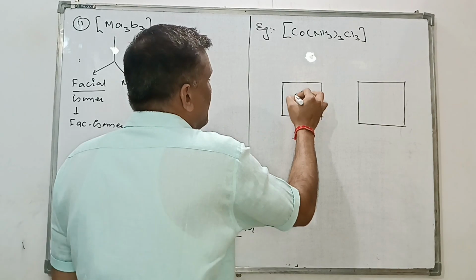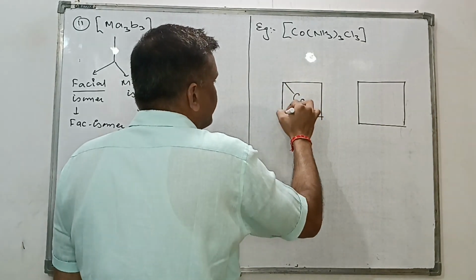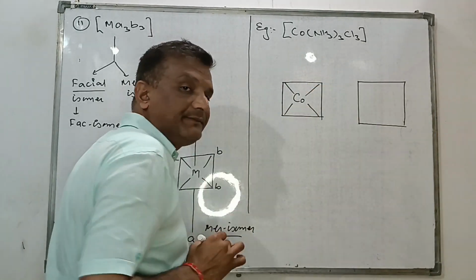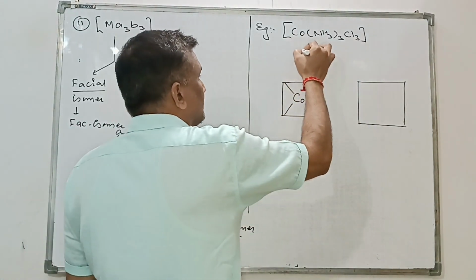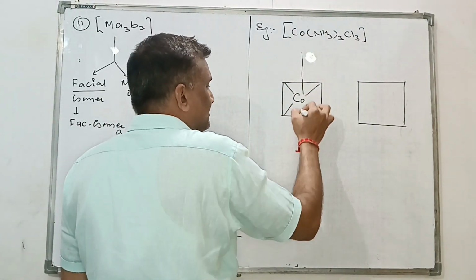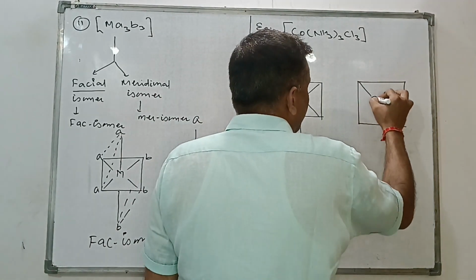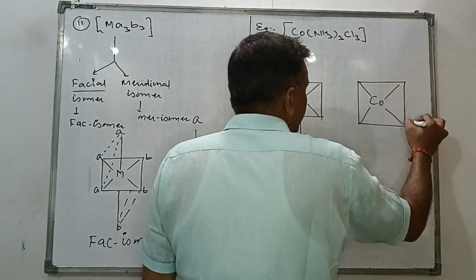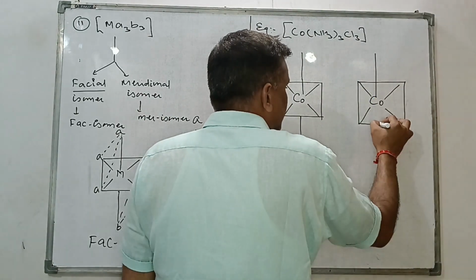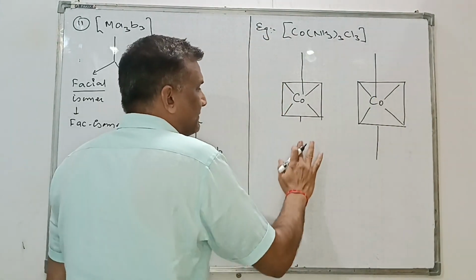So this is your cobalt, this is your cobalt, and these are the three ligands on a particular face. This is again your cobalt, and these are above the plane and below the plane.